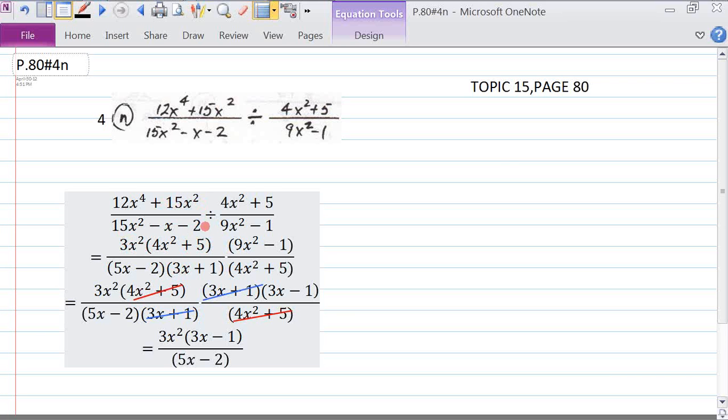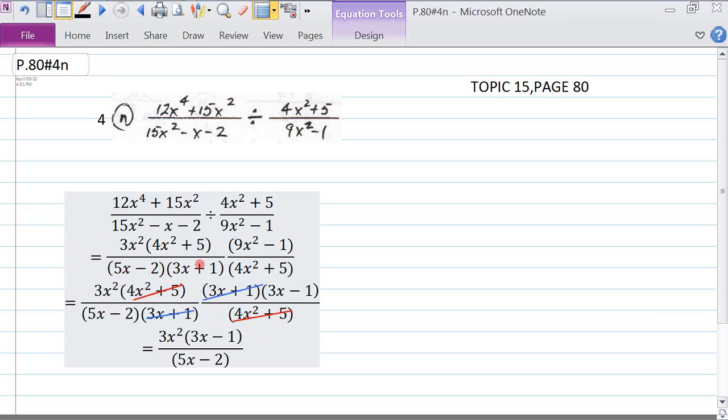This one is a trinomial, and I'm going to factor it. I get 5x times 3x gives me 15x squared, and minus 2 times plus 1 gives me minus 2. My inner term is plus 5x, and my outer term is minus 6x, and that's how I get the minus x in the middle.